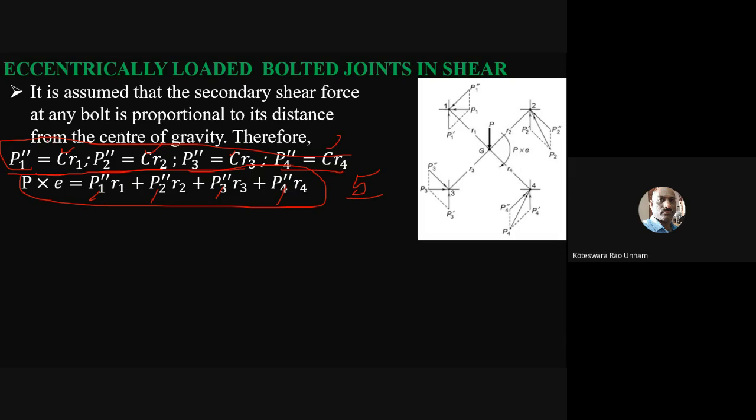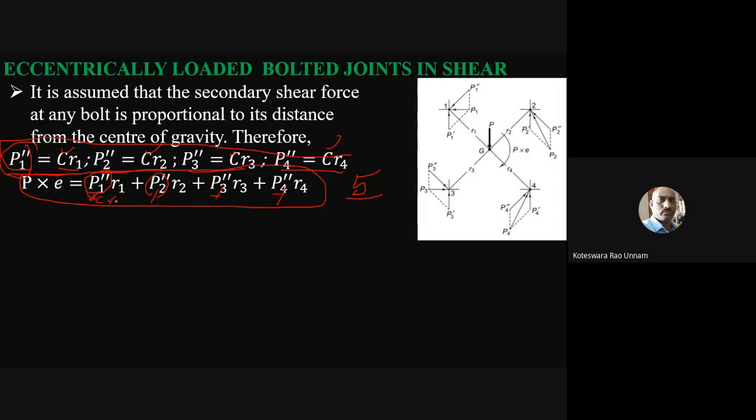To solve that, I'll substitute for P1 double dash. Here I'll replace P1 double dash by C R1, P2 double dash by C R2, P3 double dash by C R3, and P4 double dash by C R4. Then what do I get?